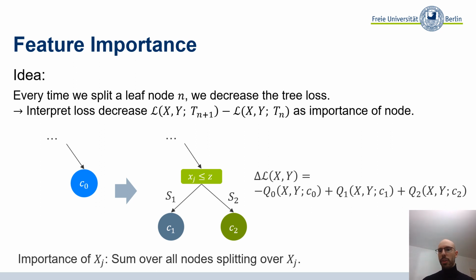So it's not too far-fetched to think that if we add up these losses for all nodes m that have a splitting variable xj, we're going to end up with the importance of that variable xj.